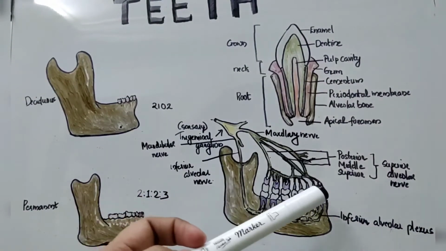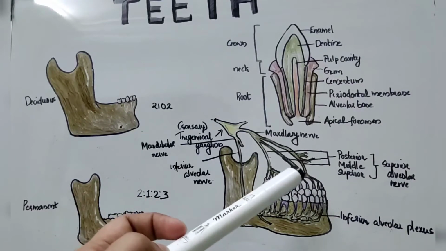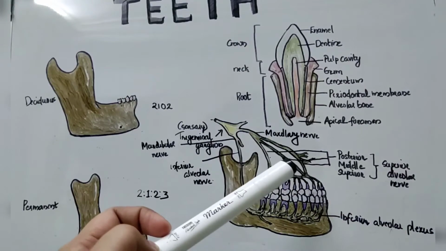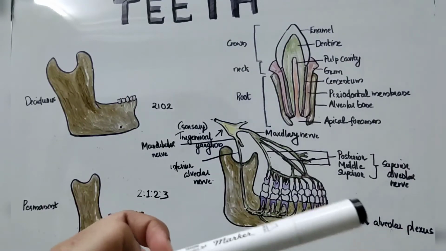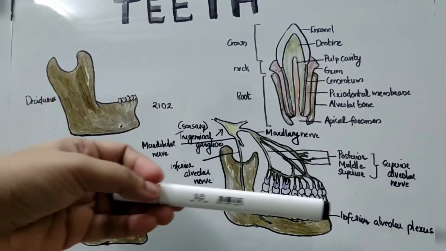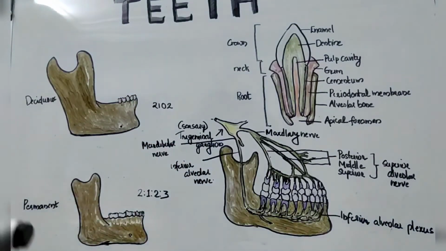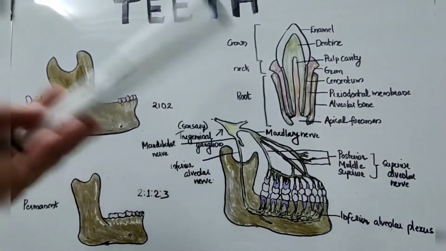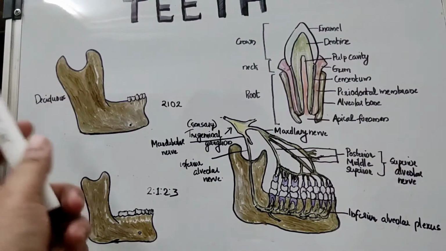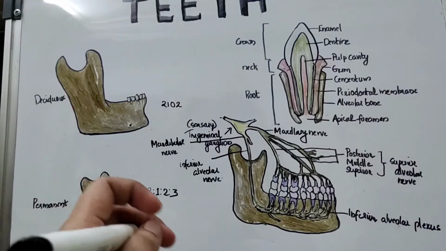So incisors, canines and premolars usually have a single root, and the exception is the upper first premolar.